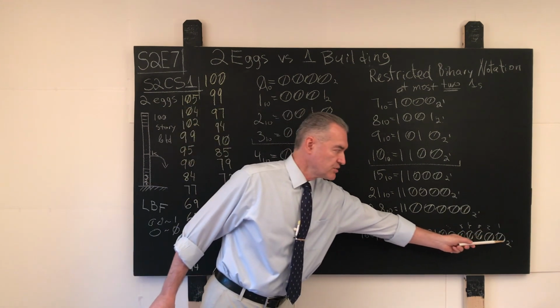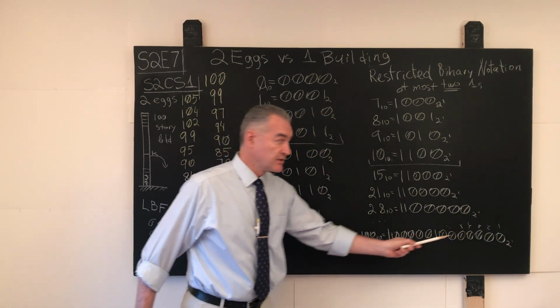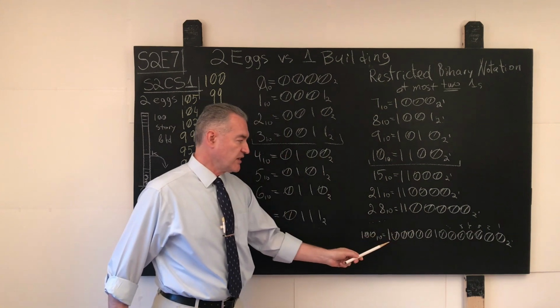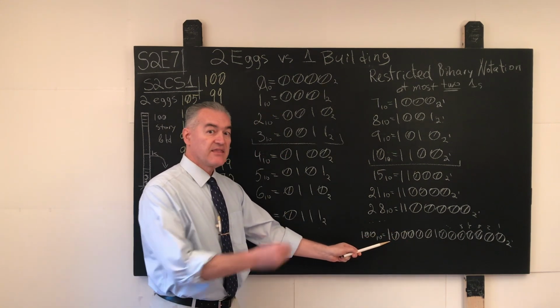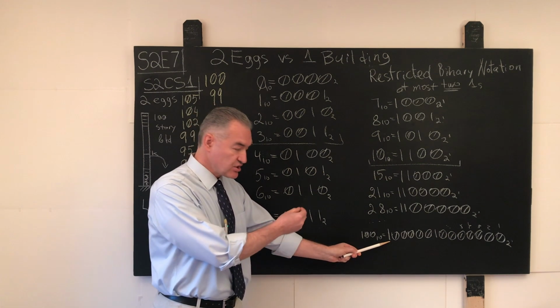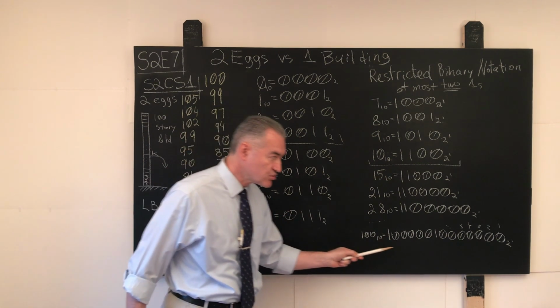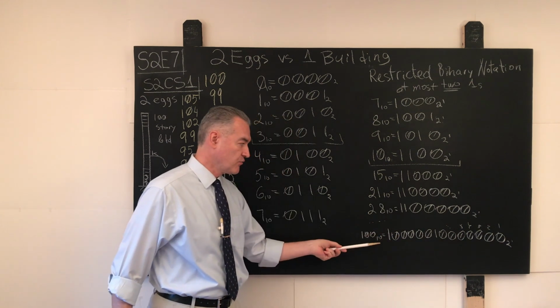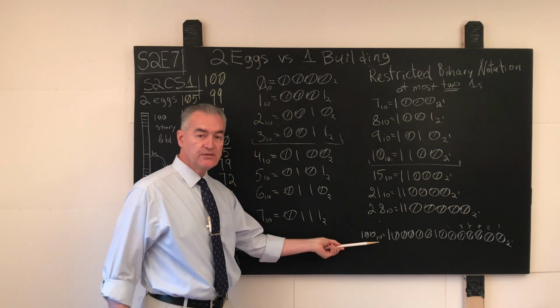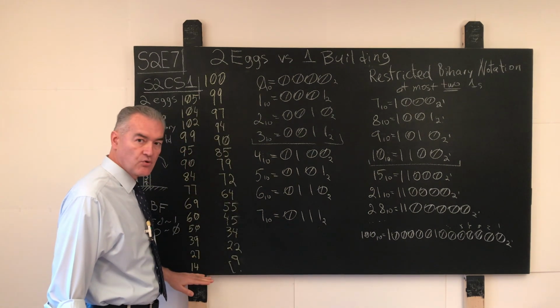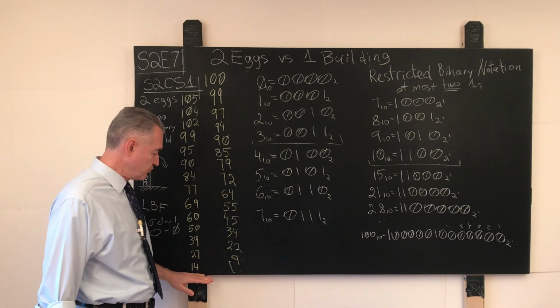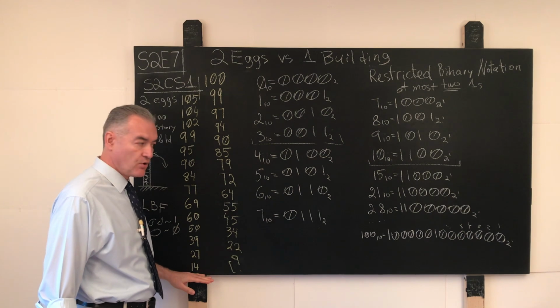And then counting right to left, starting from 1, we find the location of the leftmost one. That leftmost one, the position of the leftmost one in the restricted binary representation of the given height of the building, precisely reveals the bracket number, the size of the first bracket, or the number of tests.